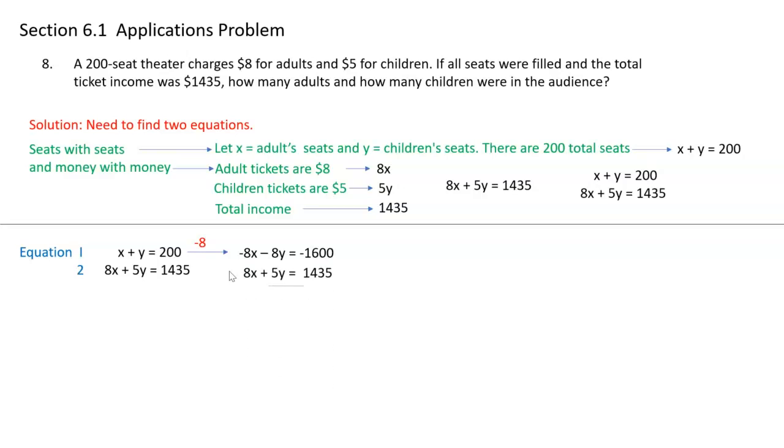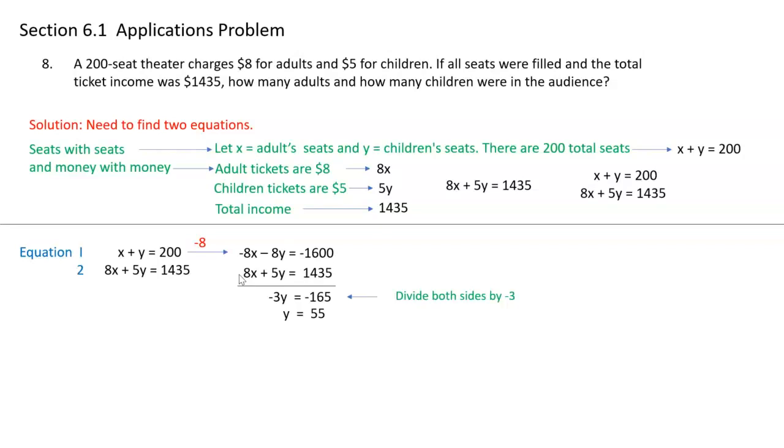Equation number 2, all we do is slide it over. Then we add them. So we get -3y equals -165. We divide both sides by -3, and we get y equals 55.